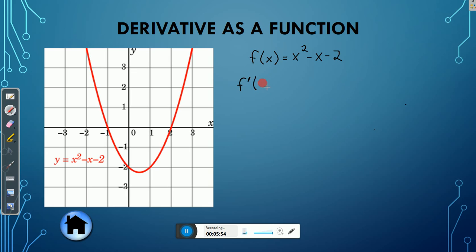And we found the slope at 1 first, and that was equal to 1. And then we found the slope at 2, and that was equal to 3. All right? So these are called derivatives.